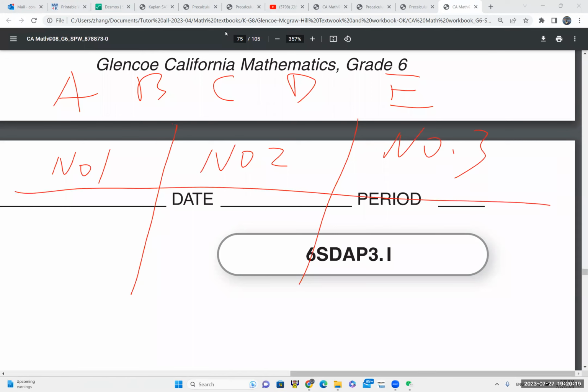Then you think how many different outcomes. To make it simple, let's just take number 1 and number 2 from these 5 teams. Then think how many different outcomes.